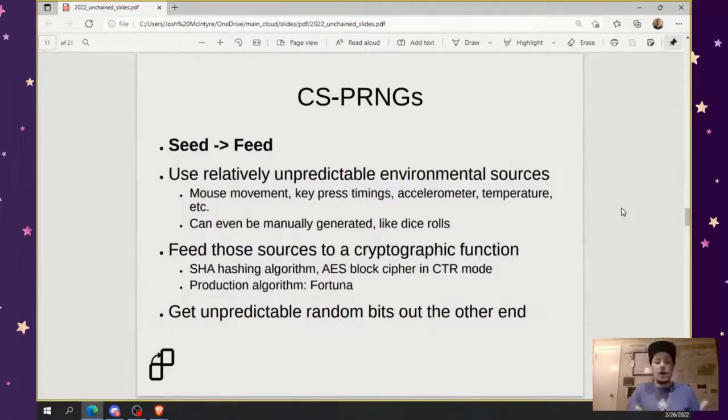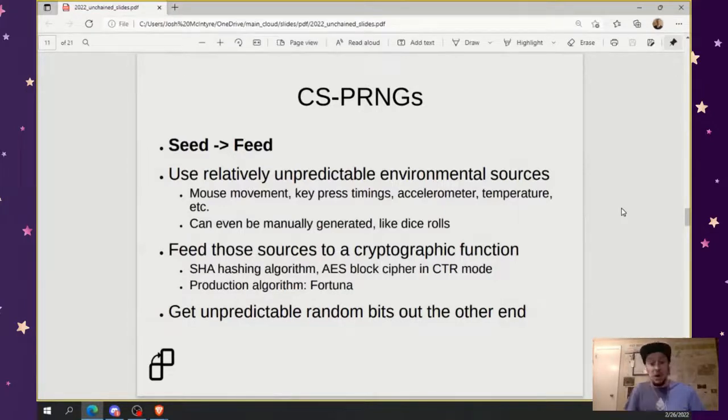So we can use relatively unpredictable environmental sources. Common ones include mouse movement, like jiggling your mouse around as you go about your business on the computer. The key press timings down to millisecond or microsecond intervals. Phones use accelerometer data as part of how they feed their RNGs. You can even use things like temperature.